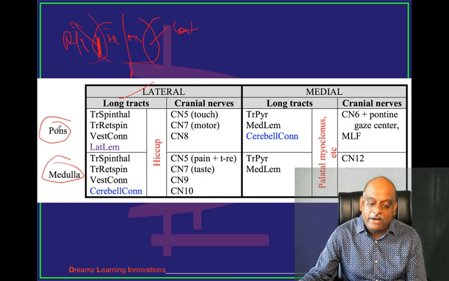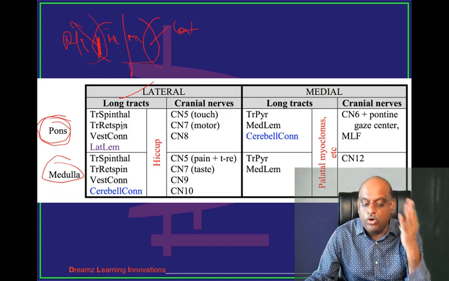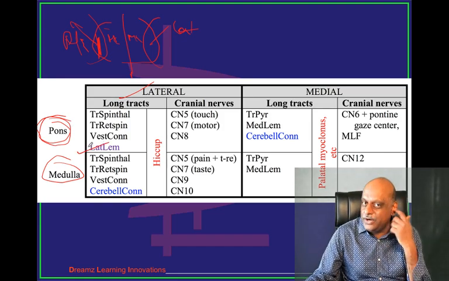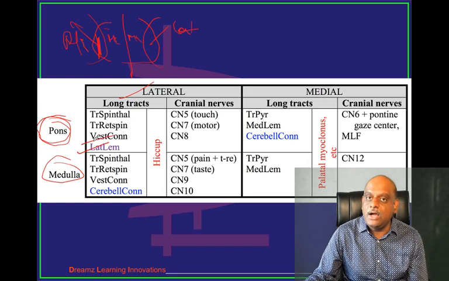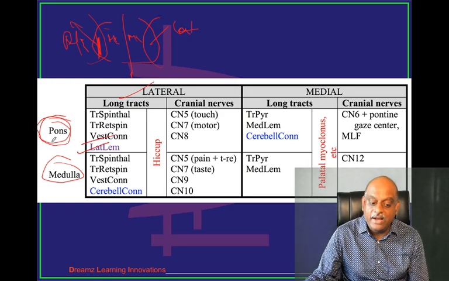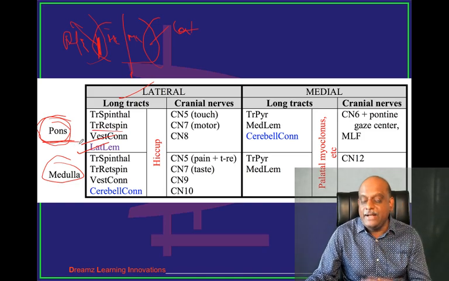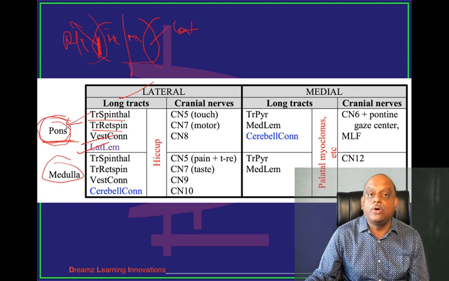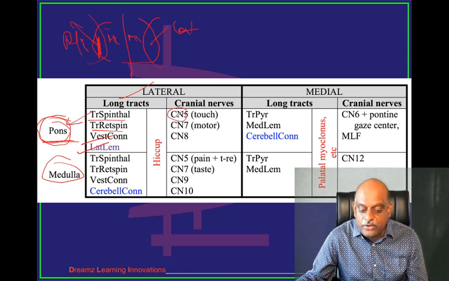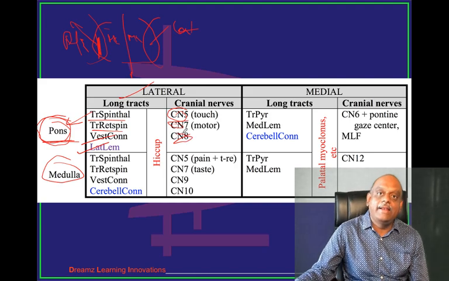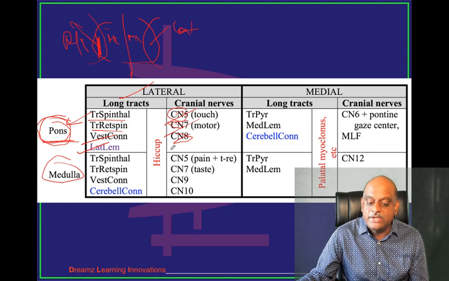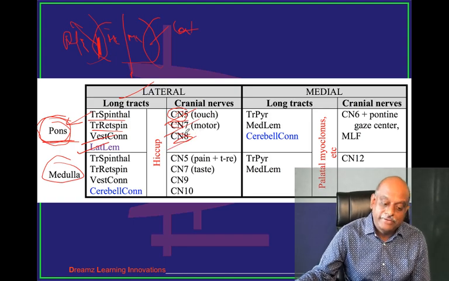In the lateral part of the pons, you have tracts: lateral lemniscus associated with our auditory pathway. Vestibular connections are in the lateral part of the pons. Then you have the reticulospinal tract, spinothalamic tract, they are all in the lateral pons. Then what are the cranial nuclei in the lateral aspect of the pons, doctor? Cranial nerve 5, cranial nerve 7 and also 8.